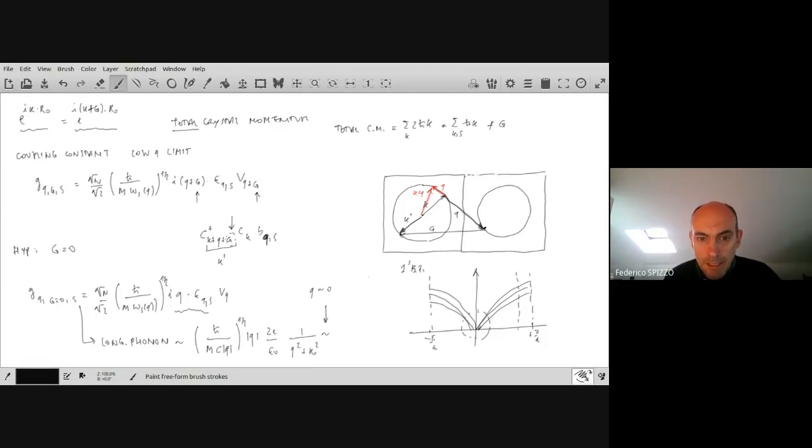So what happens is that within this parenthesis, you have a term that is 1 divided by Q modulus to the power of 1/2. Then we have Q modulus here, and then we have just coefficients, because Ze divided by epsilon 0 is a constant, and here we have just 1 divided by K0 squared.